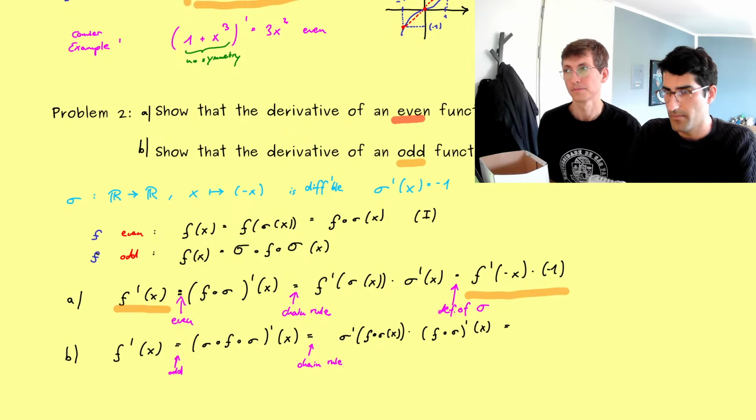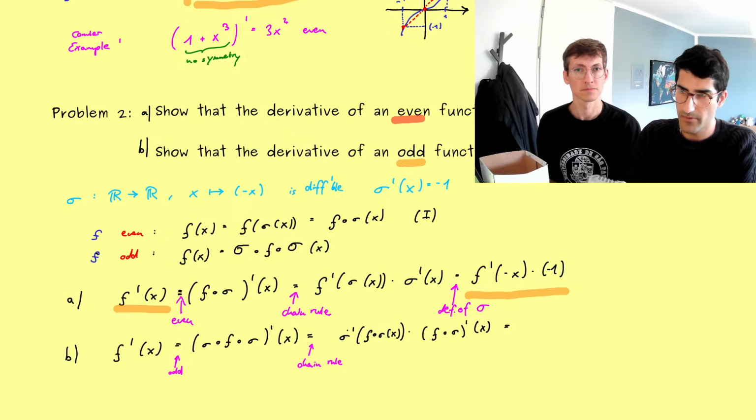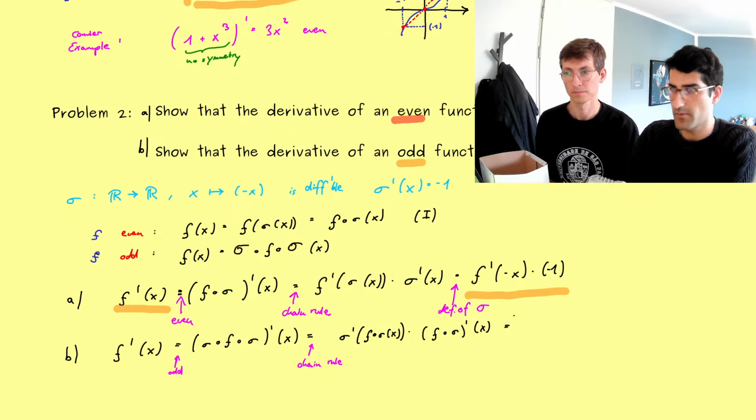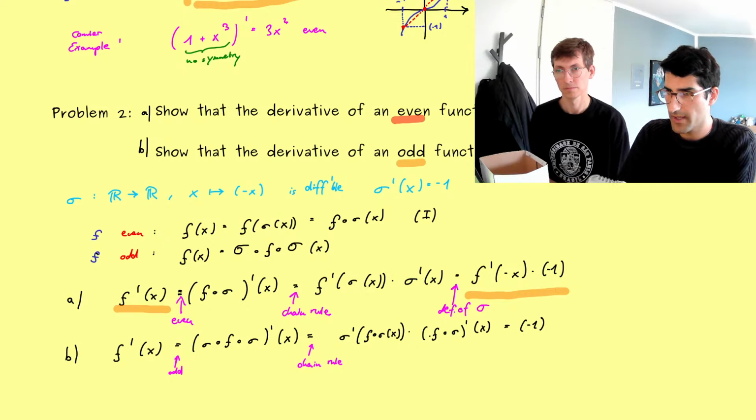So let's maybe first evaluate this point. The derivative of sigma is just -1, so we just write a -1 here. And this one we already calculated before, we did it up here.